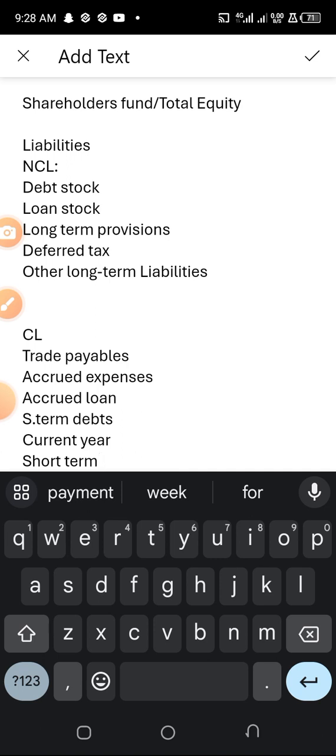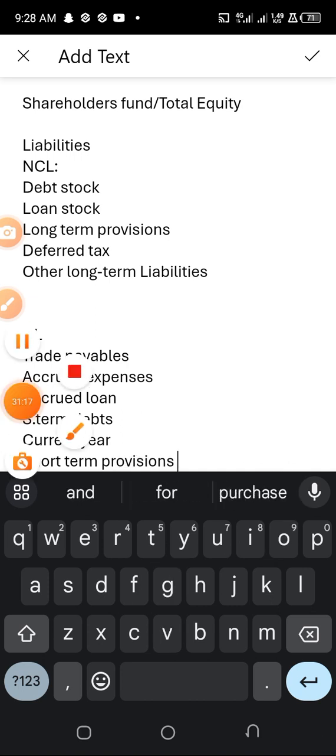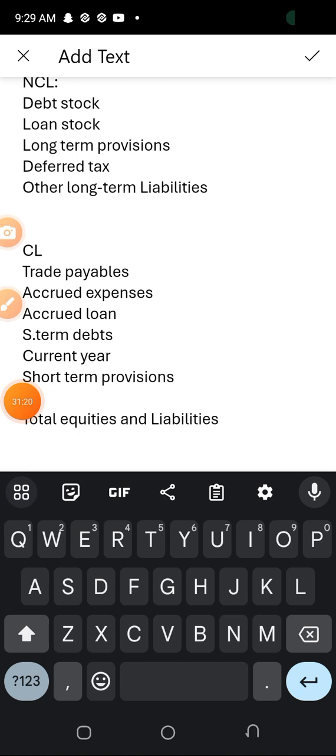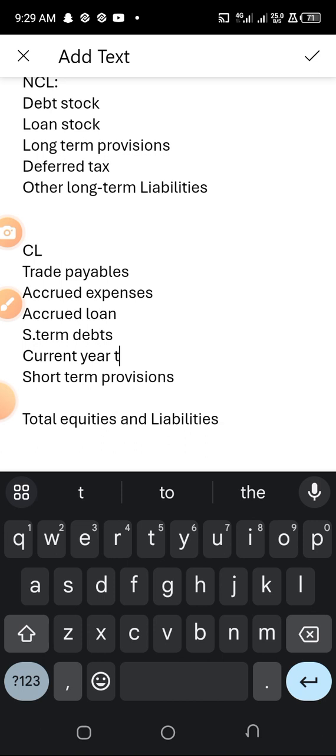So the next one is short-term provisions. Like we have long-term provisions in the long-term liabilities, we also have short-term provisions.